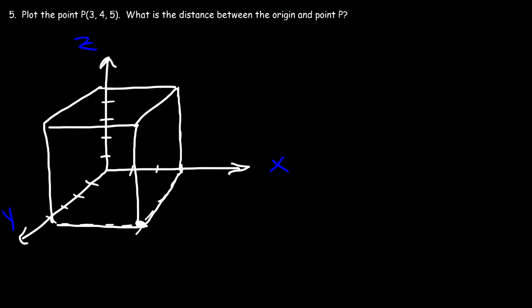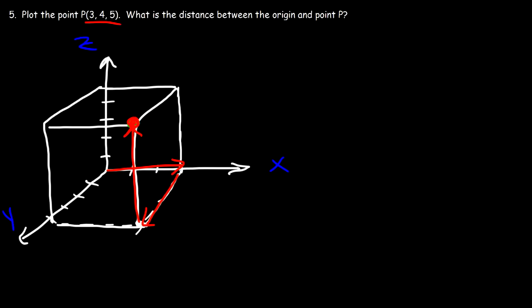So our point of interest is right here. So we traveled 3 units in the x direction, and then 4 units in the y direction, and then 5 units in the positive z direction. So there it is. So that's (3, 4, 5). I know my graph is not perfect, but you can make the best of it.